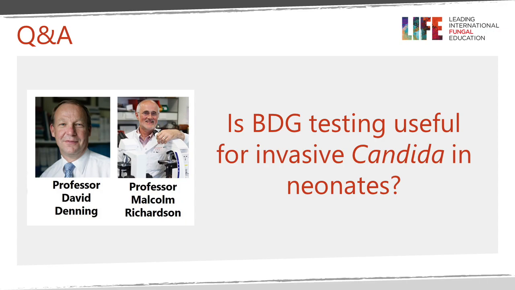So I think it cannot be relied upon to rule the diagnosis in or out, but it may be helpful if it's impossible to get blood culture or there's some other technical problem with acquiring blood from the baby.